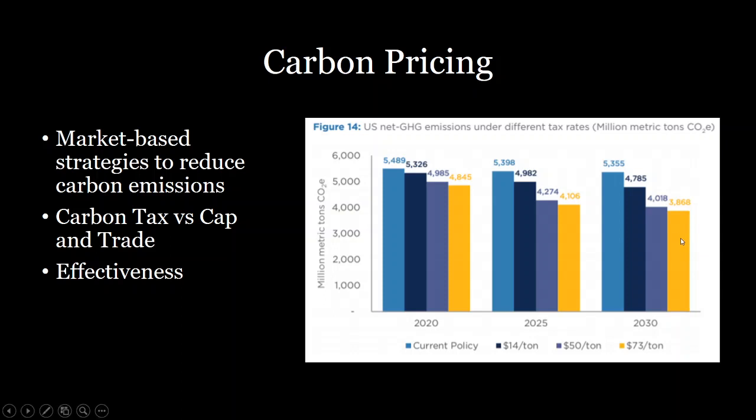We can see here, for example, by 2030, if we have a carbon tax of $14, we're reducing our amount of carbon by around 600 million metric tons, whereas if we have a carbon tax of $50 per ton, then we'd reduce our amount of carbon by around 1,300 or 1.3 billion metric tons. So the price has a big impact.